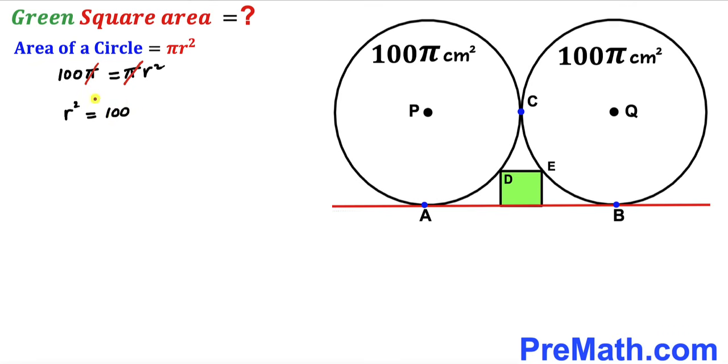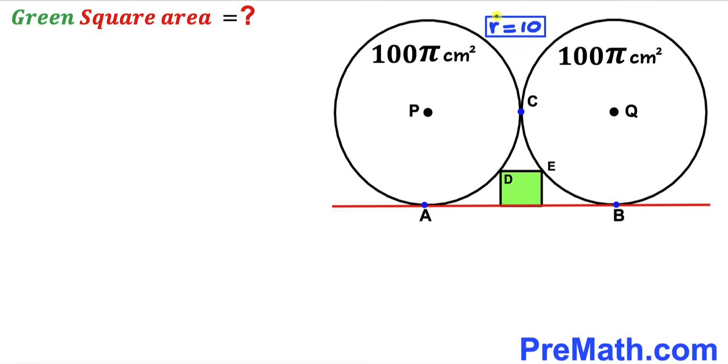Now I am going to undo this square by taking the square root on both sides, and our radius r turns out to be positive 10 centimeters. So thus the radius is 10 centimeters.